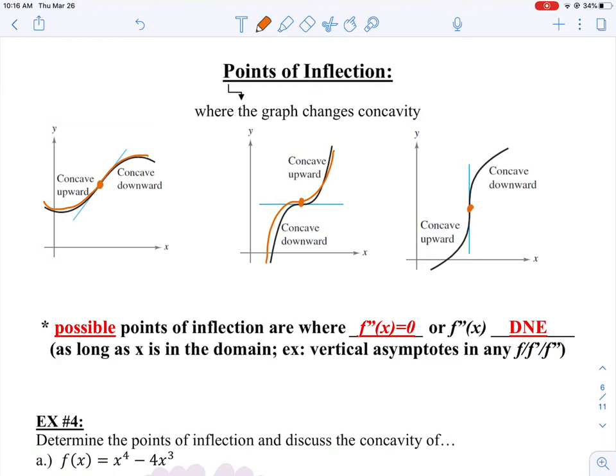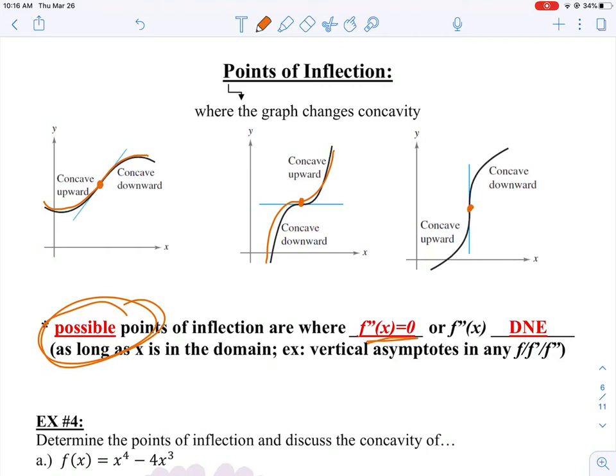Okay? So just like when we figured out increasing and decreasing, we had to find the derivative. We had to then find our critical numbers. That's where our derivative equaled 0 or didn't exist. And then we had to do our sign chart and test our values. We're going to do the same type of thing for our second derivative. We're going to find the second derivative. We're going to figure out our possible points of inflection.